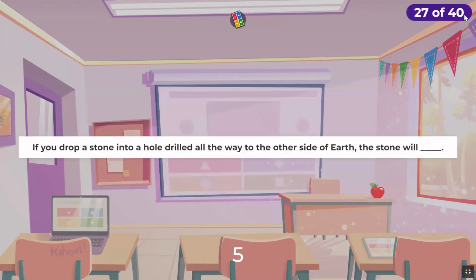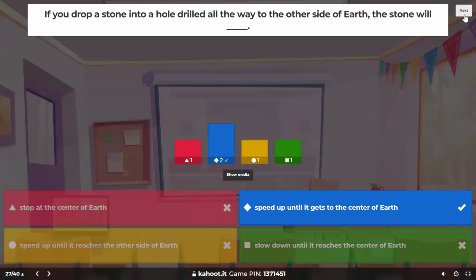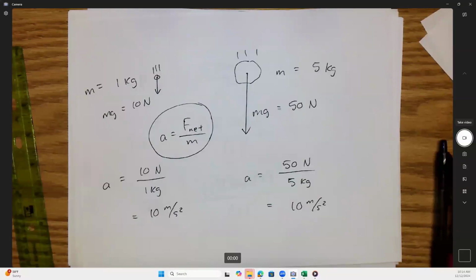If you drop a stone into a hole drilled all the way to the other side of the earth, the stone will... Let me draw this out for you guys too.